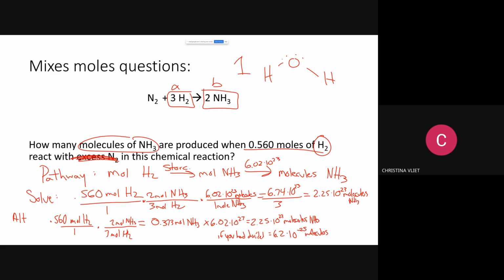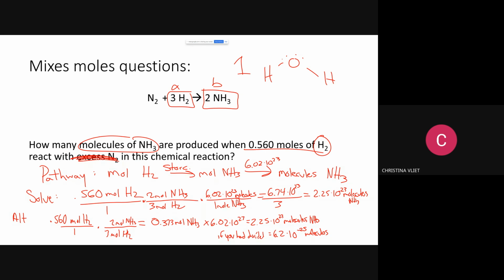You either have a molecule or you don't have a molecule. You cannot have a fraction of a molecule. The smallest amount of molecules you can have is one. If you get an answer less than 1, you did it wrong.